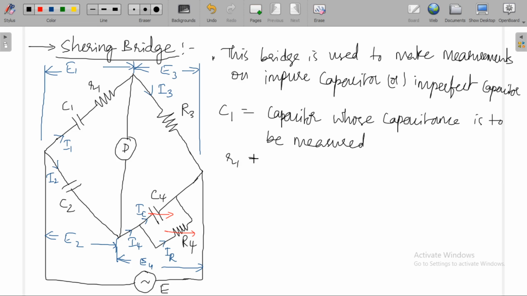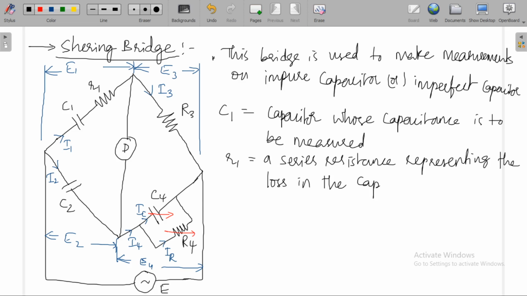What about R1? It is a series resistance representing the dielectric loss in the capacitor C1. This represents dielectric loss.